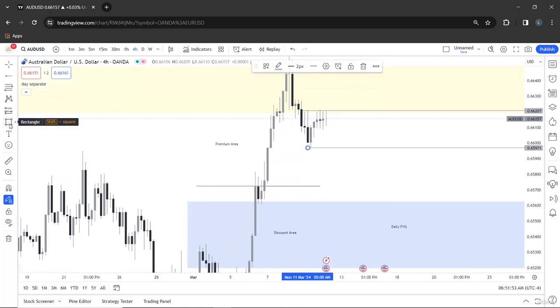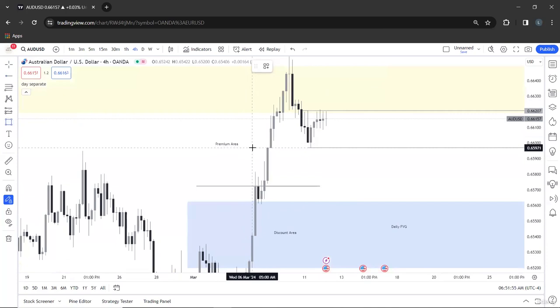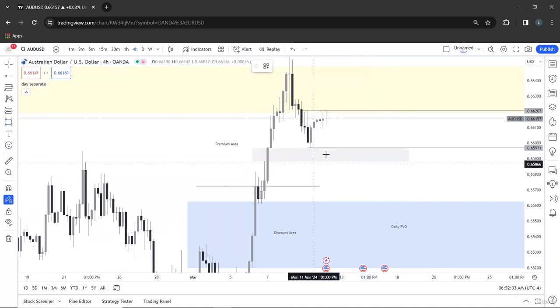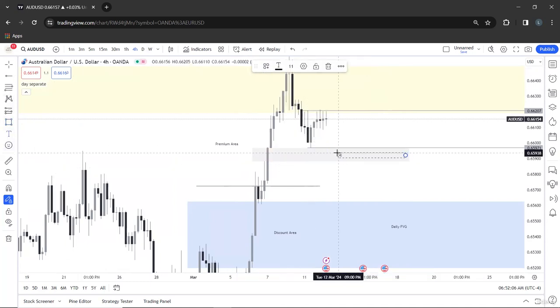If it does come to that, there is a good chance that price would be trading right into this fair value gap right there. Sell side.